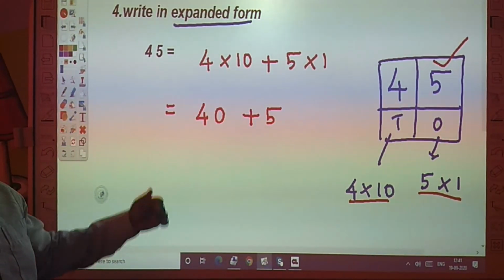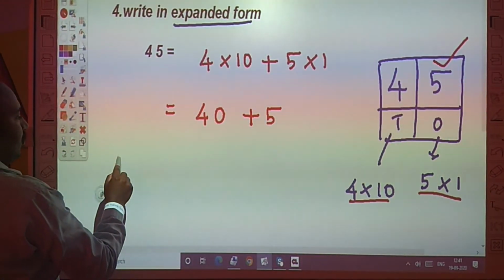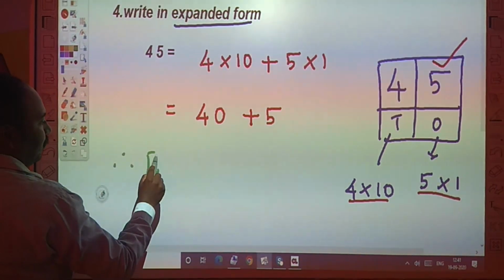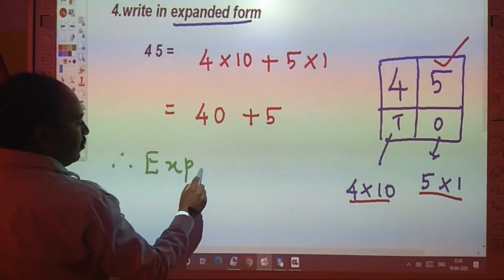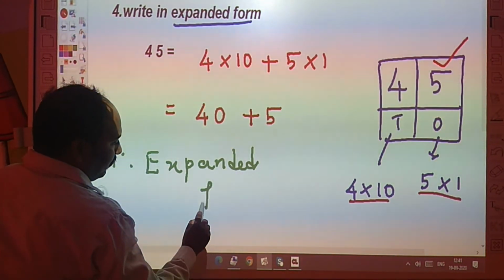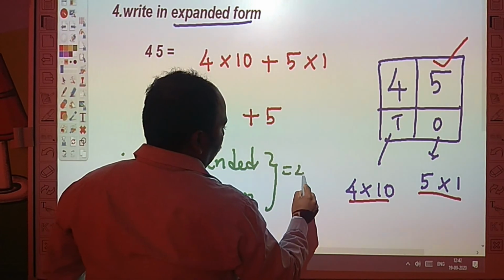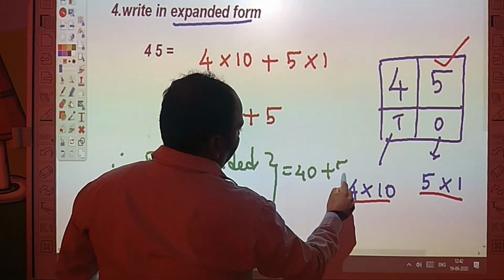It is called the expanded form. The expanded form is equal to 40 plus 5.